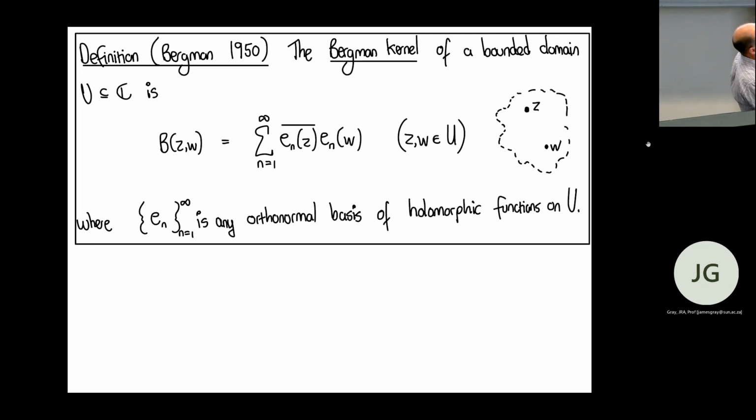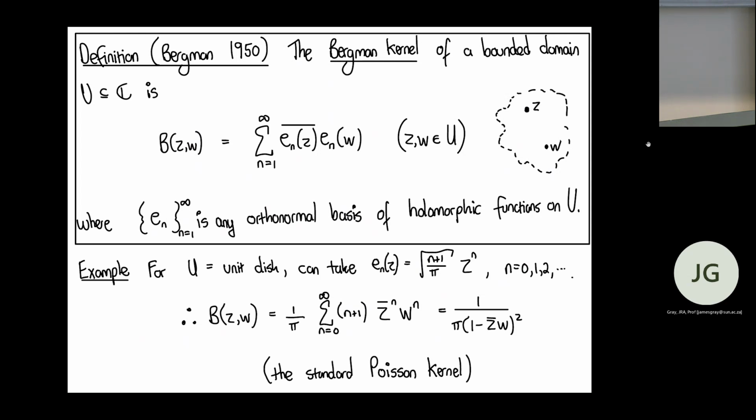Orthonormal, what do I mean by orthonormal? There's an inner product on functions because, given one function and another function, I can integrate their product over that region. So that gives me an inner product on functions. And that's what I mean by being orthonormal. And you just construct this sum.